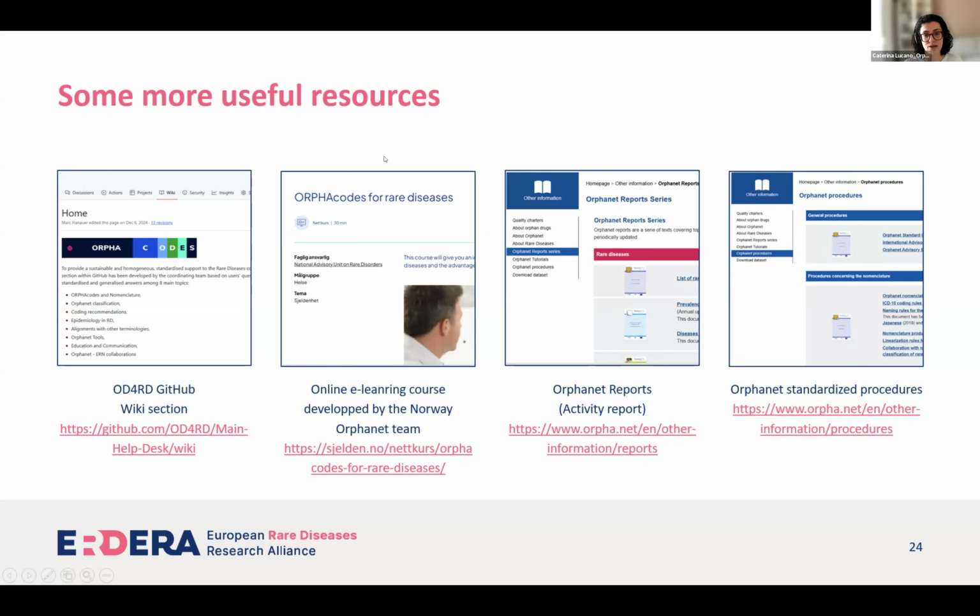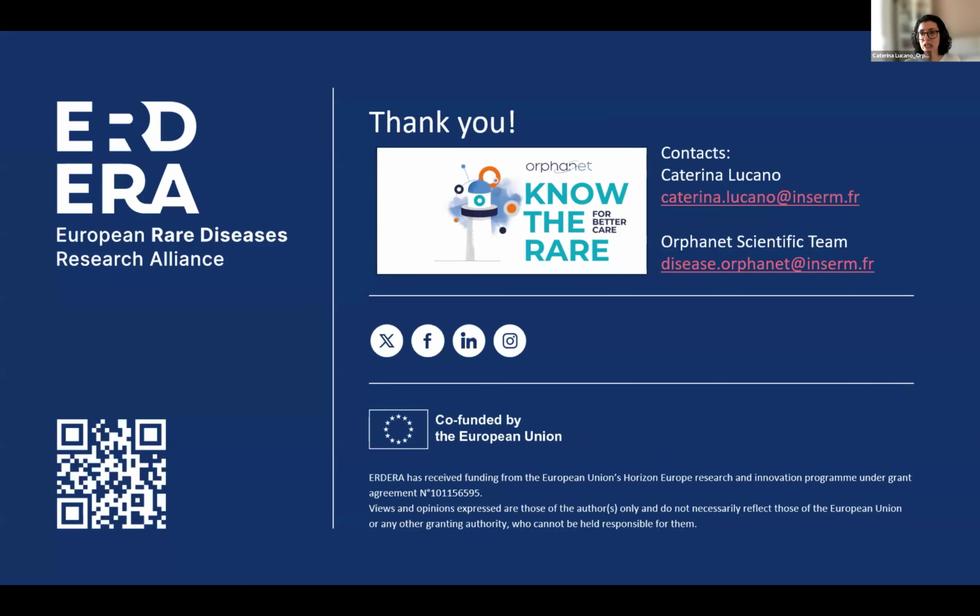An online e-learning course developed by the Norway Orphanet team. Our report series, so for example, the Orphanet activity reports, and the Orphanet standardized procedure on how we produce nomenclature and associated data for rare diseases. And I thank you for your attention, and if you have questions.